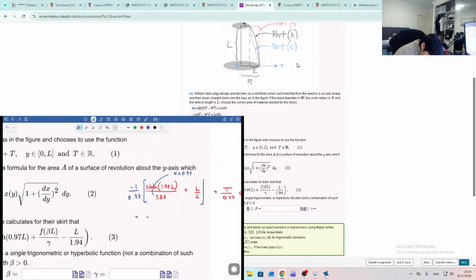So this is basically minus shine, right? Over so 0.97 squared times 4.